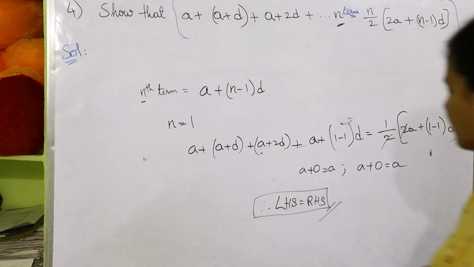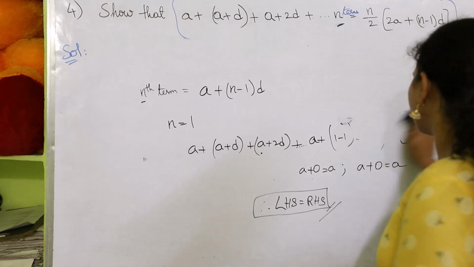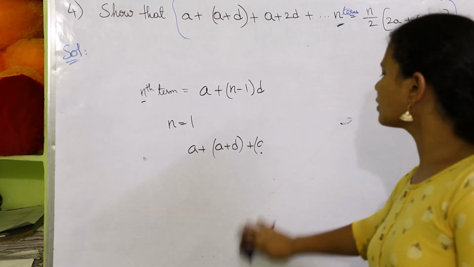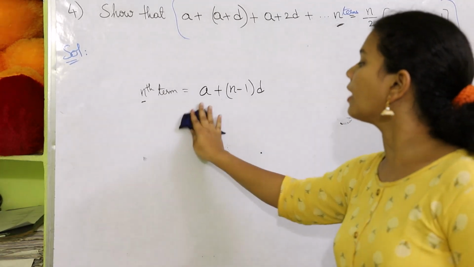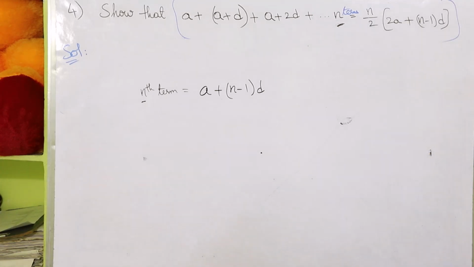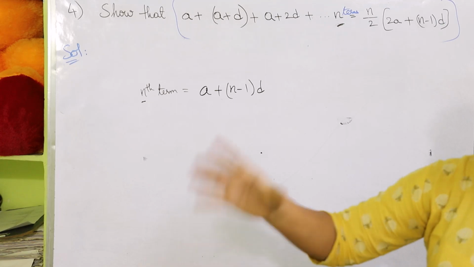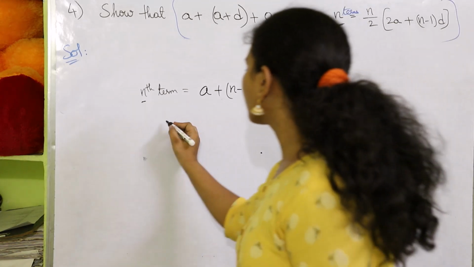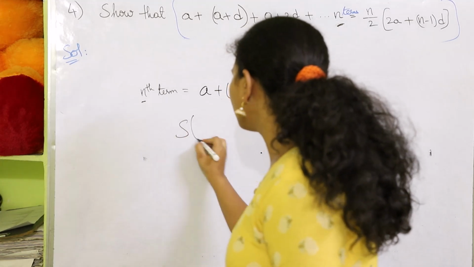Let's go for the second step. Coming back to the second step, you assume, you imagine, that the statement is true. Here they have given S of k.